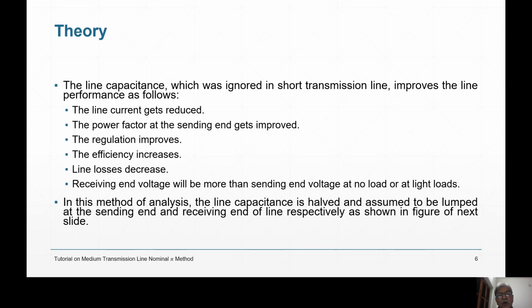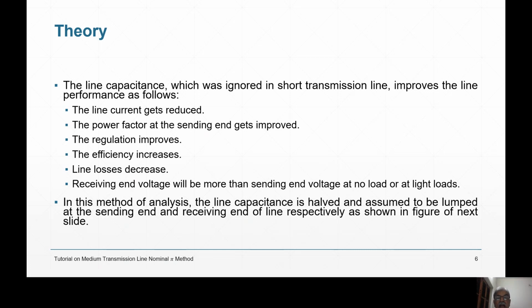You see, if you want to have a T analysis, then line capacitance is lumped at the center and the inductances are on both the sides.